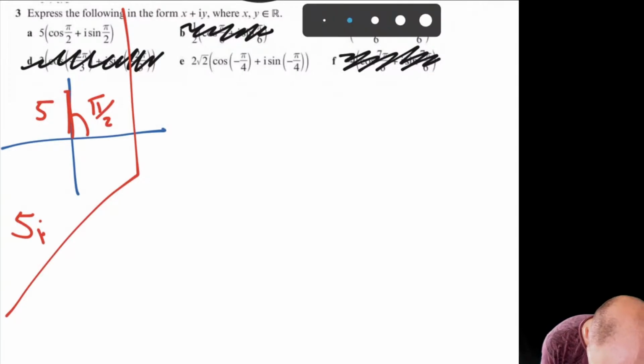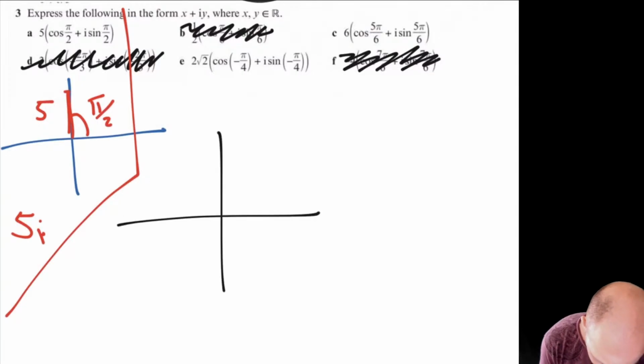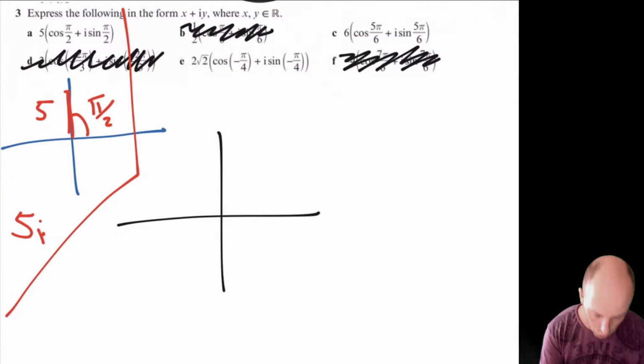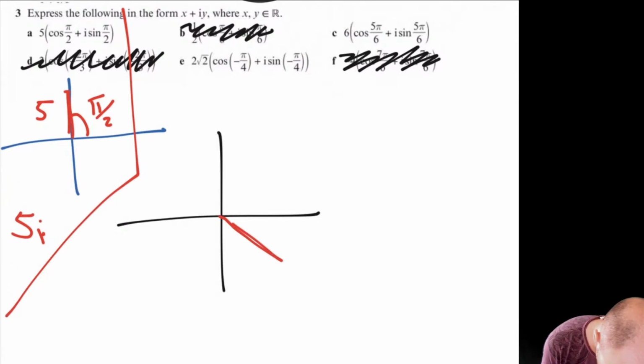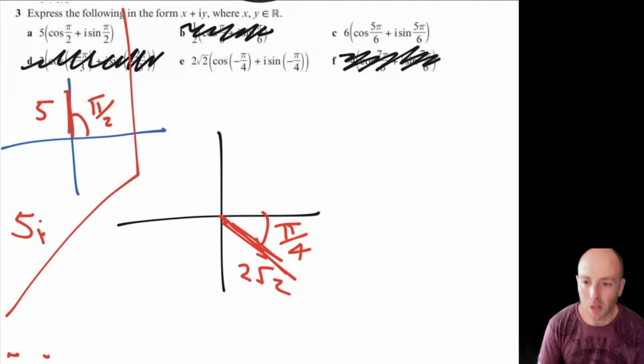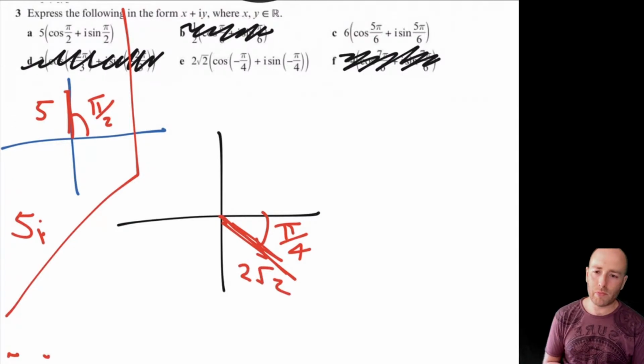Second one, let's draw this. The angle this time is minus pi by 4. So that's going to be down the middle there. That's going to be pi by 4. And I know the length of this is 2 root 2. So to find the real bit, I could do 2 root 2 times cos of pi by 4.